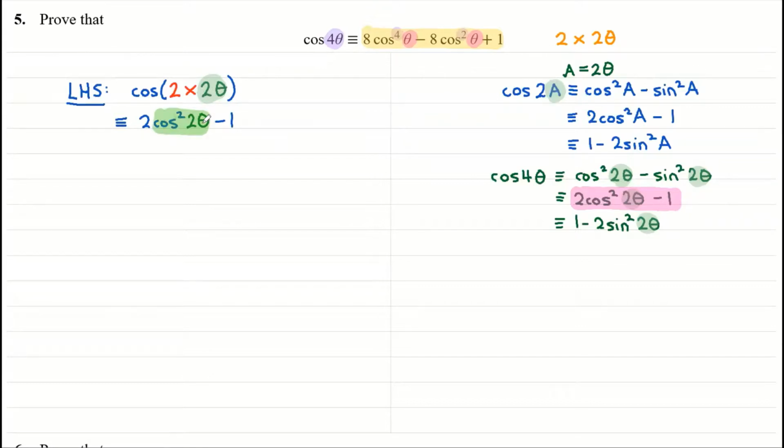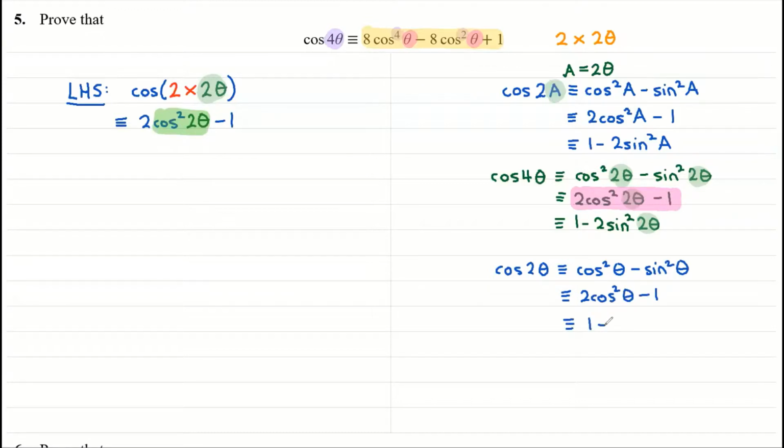So just to make a note, a new list of cosine double angle identities. So cos 2 theta would be cos squared theta subtract sine squared theta. Or you could have 2 cos squared theta subtract 1.